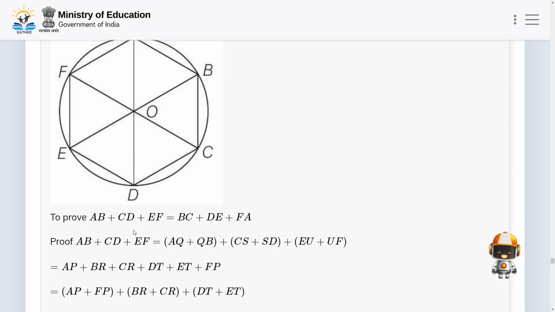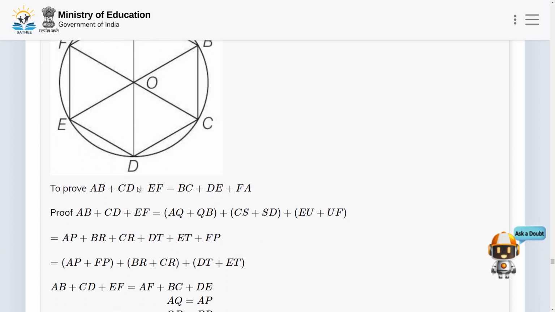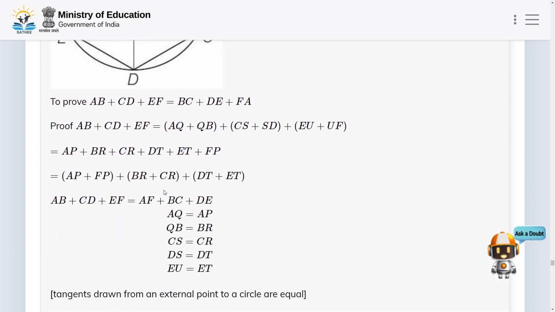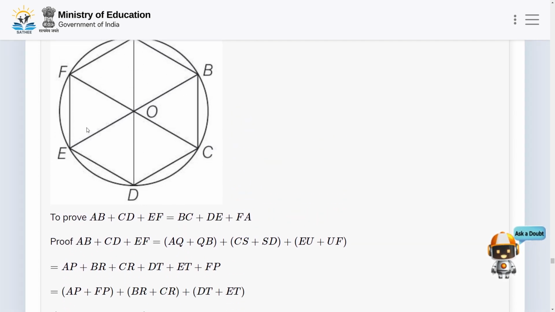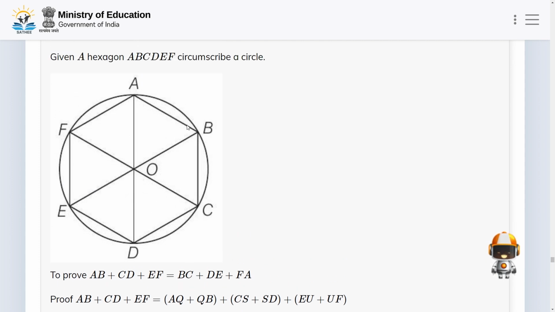To prove that AB plus CD plus EF is equal to BC plus DE plus FA. You can first observe this figure.